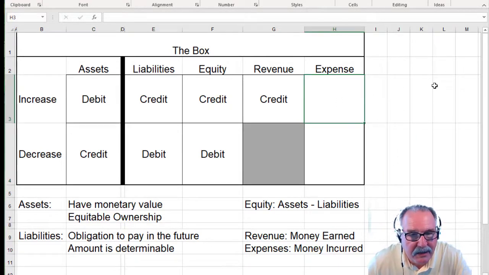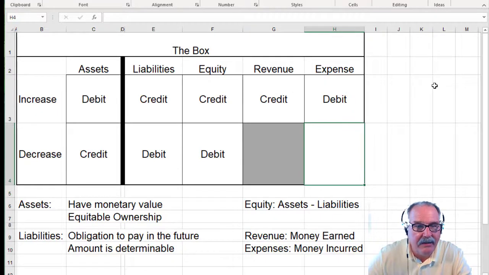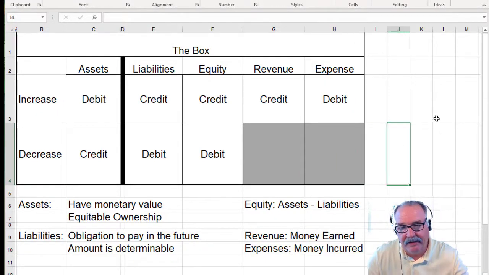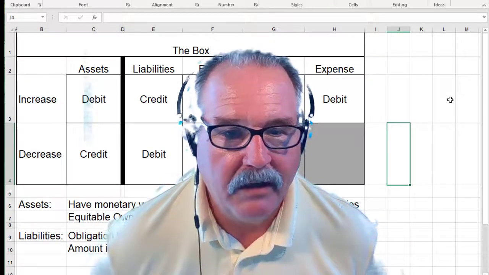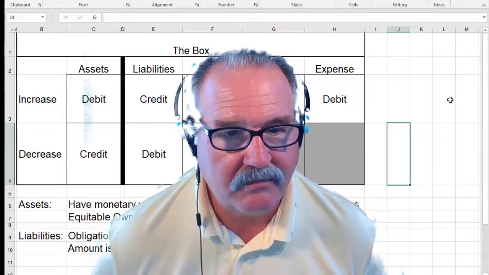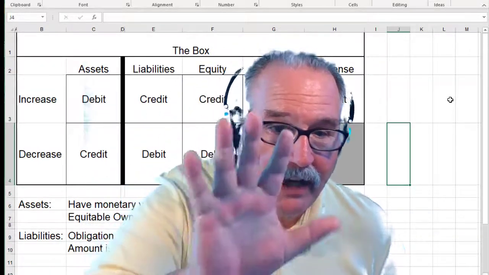We know that expenses have a negative effect on equity, so expenses are always going to be debits. They go up with a debit, and expenses, like revenue, typically don't go down. They just go up.